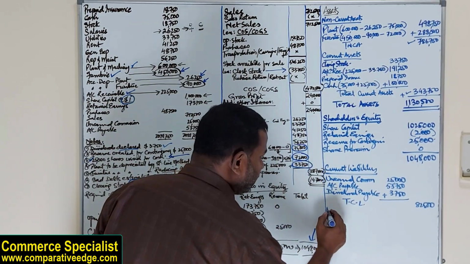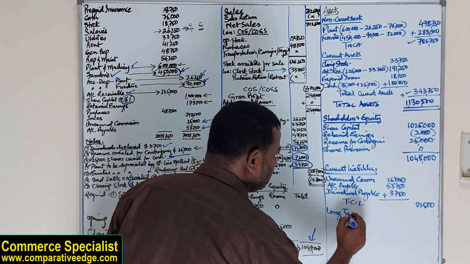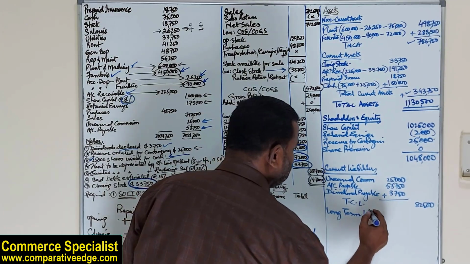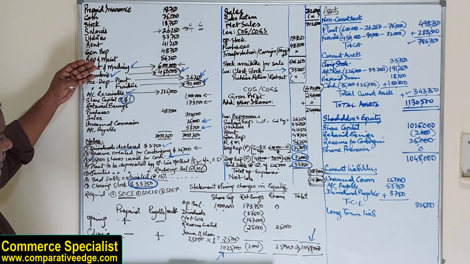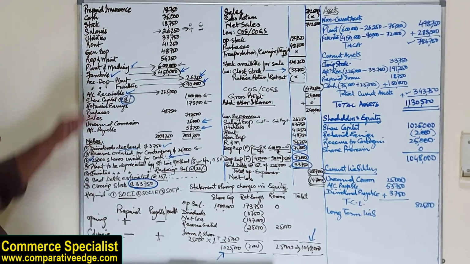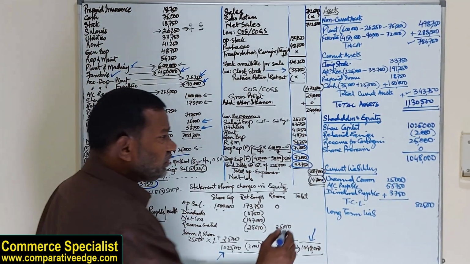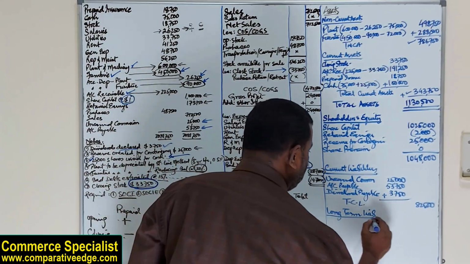You may have long-term liabilities. Although they are not given in this question, because there is a shortage of space, I cannot put everything here. But to make you understand, I'm writing a few here.